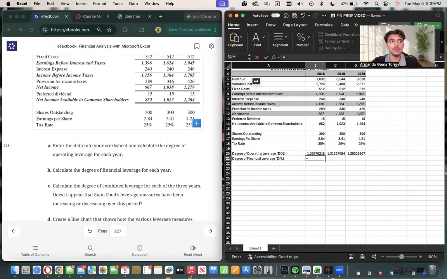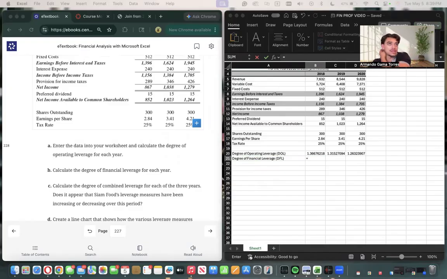This one will take more calculations. It's basically EBIT over EBIT minus interest minus the preferred dividends over one minus the tax rate. And that'll ultimately give us the DFL. It's kind of a long formula, but not too bad.